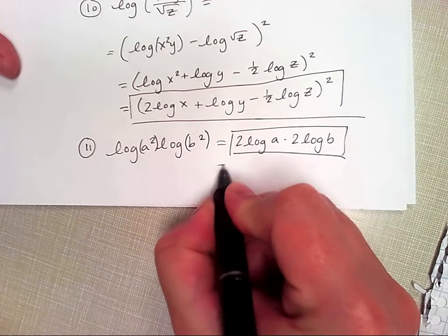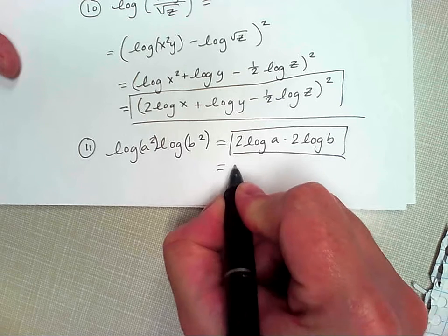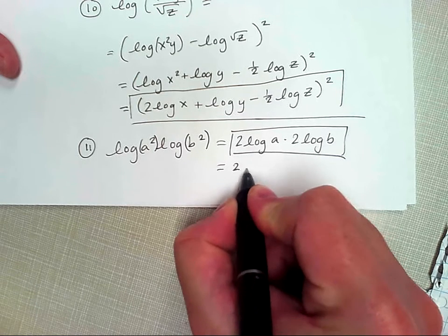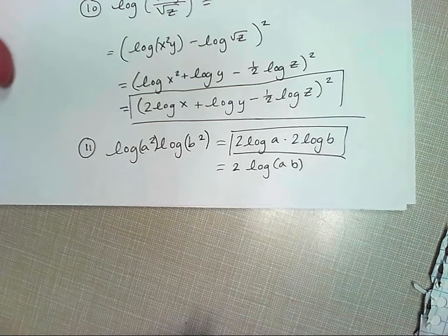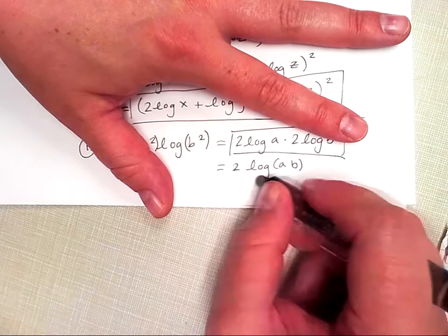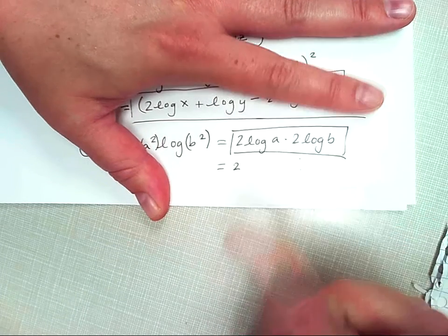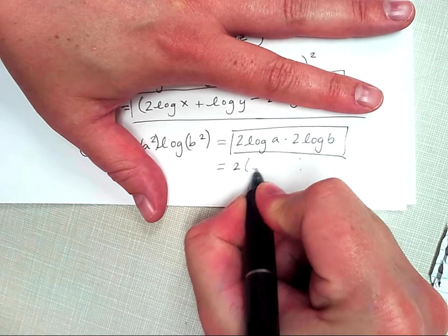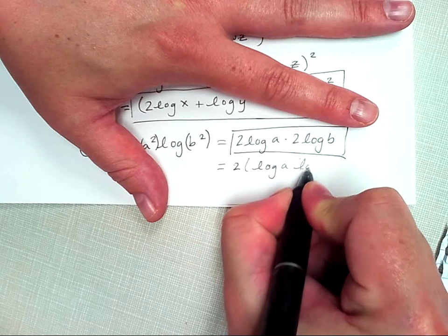You're saying 2 log A log B? No. 2 and then log A times log B in parentheses. The whole. So 2, parentheses, log A times log B.